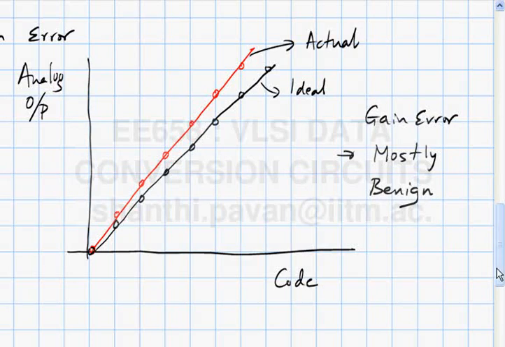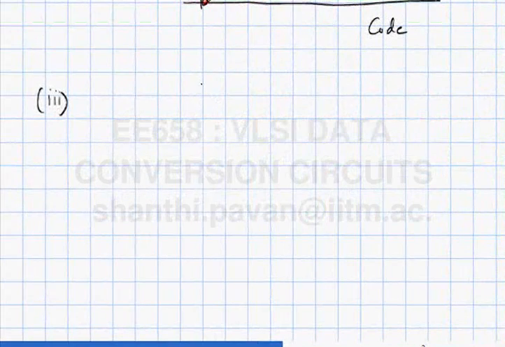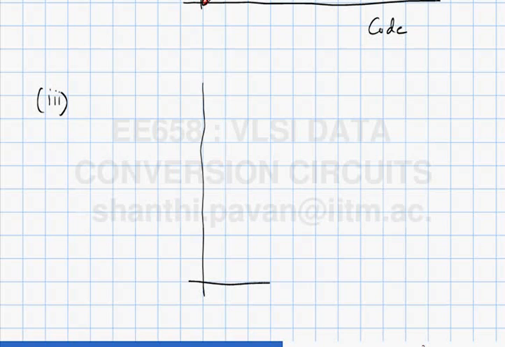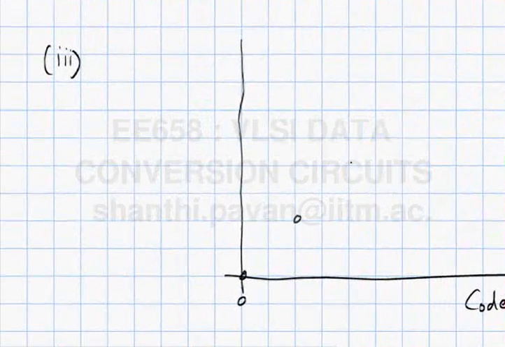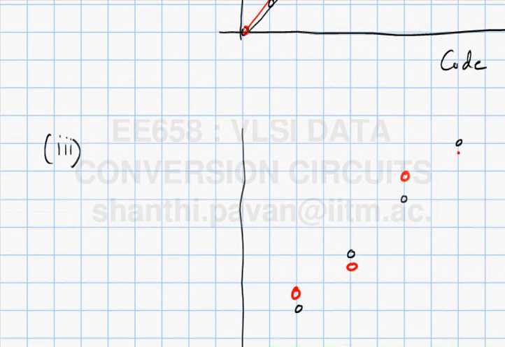The third kind of error is, of course, nonlinearity, and things aren't so nice. To make things clearer, I will stretch out this diagram. So the red dots are what you measure, let's say, for a practical converter, and the black dots are what you would expect for an ideal converter.